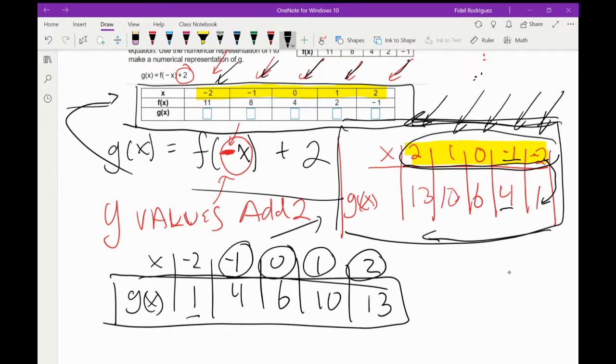When x was -1, the g value was 4, then 6, 10, and 13, right? So now look what it's asking me to do. When x is -2, what's the g value? That's going to be 1. And when x is -1, what's the g value? That's going to be 4. This one's going to be 6. This one here is going to be 10. This one here will be 13.